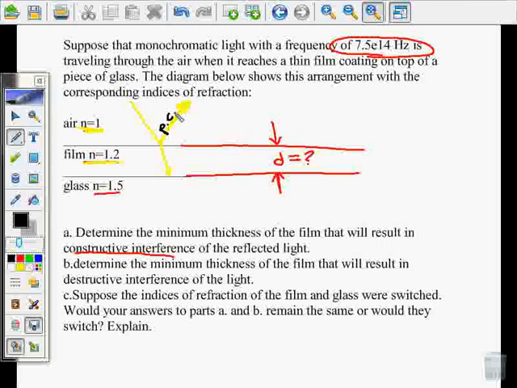What about at the second surface? When the light hits here, some of it continues on through, and some of it reflects up. Would this light right there go through a phase change?